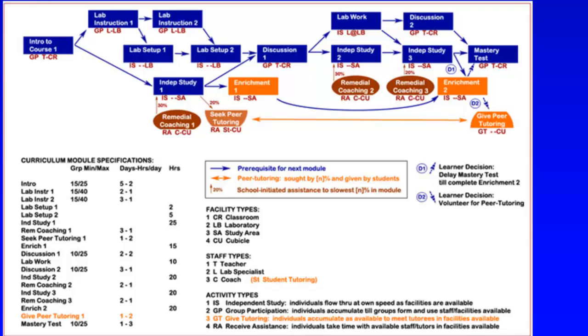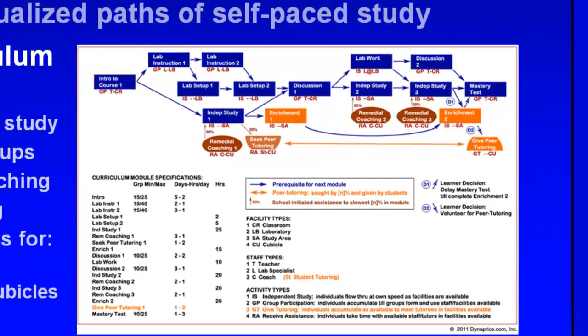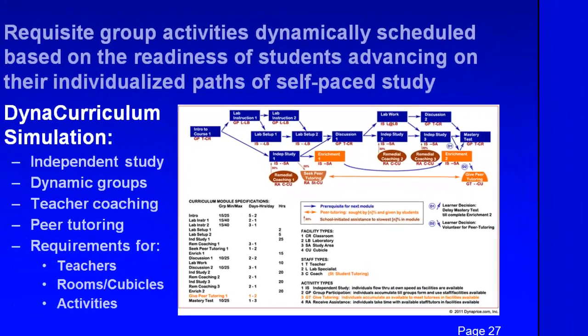This simulator was run, revised, and rerun many times. It helped us identify and test many of the parameters and rules needed for dynamic scheduling of groups and resources within our model of school operations.